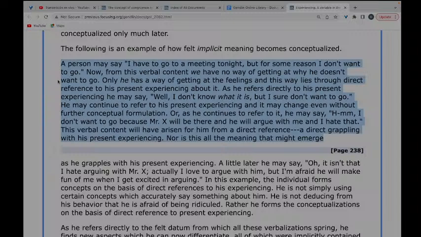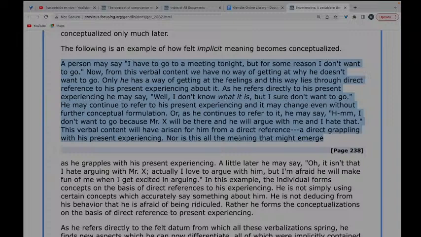Only he has a way of getting at the feelings, and this way lies through direct reference to his present experiencing about it. As he refers directly to his present experiencing, he may say, well, I don't know what it is, but I sure don't want to go.